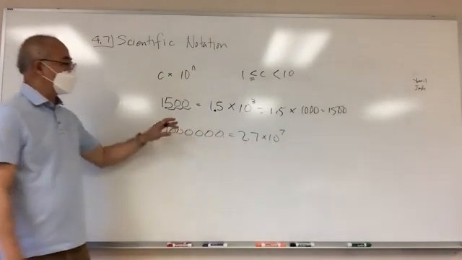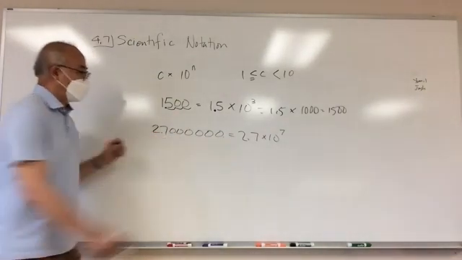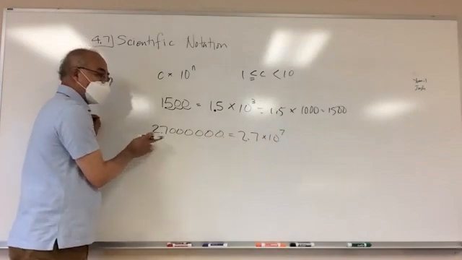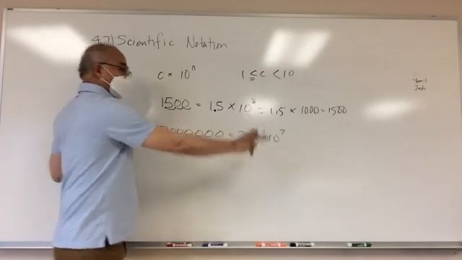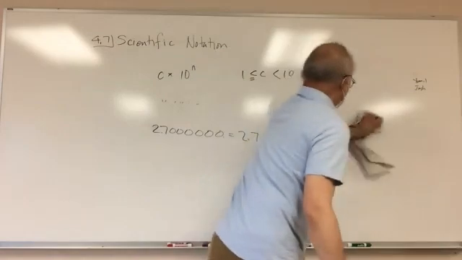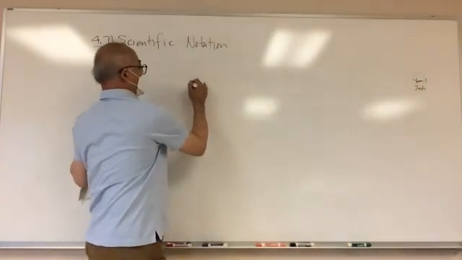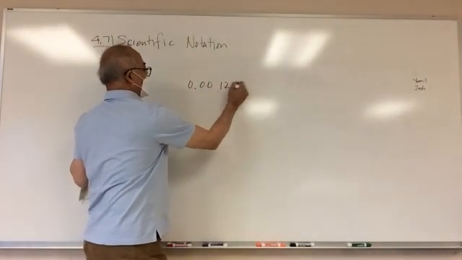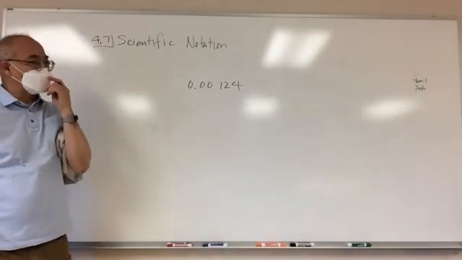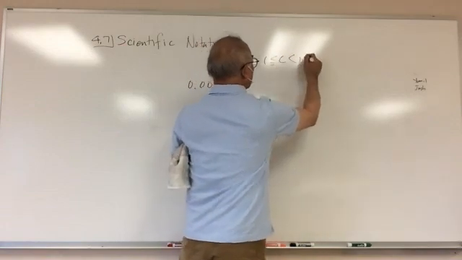Okay, so this is fairly easy to see when we're going in this direction. And there will be times when I go the other direction. In other words, if I have a number that looks like 0.00124, again, I'm going to have to try to establish a number that is between 1 and 10, right?